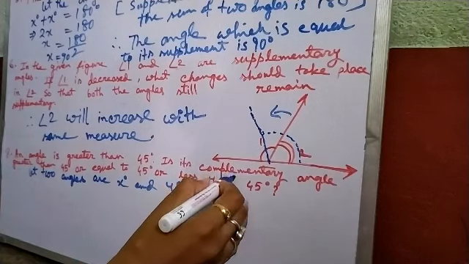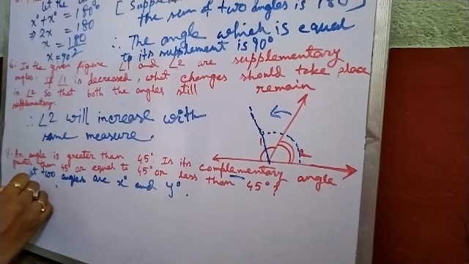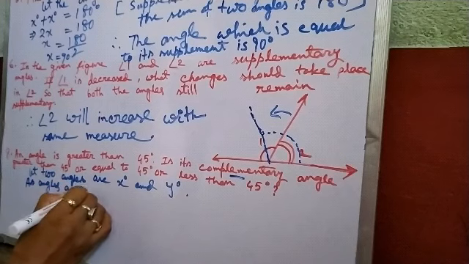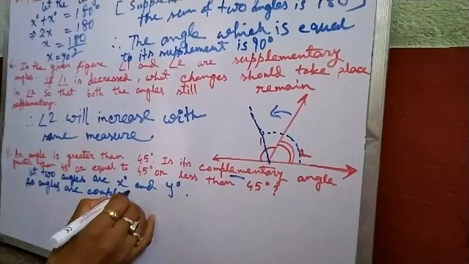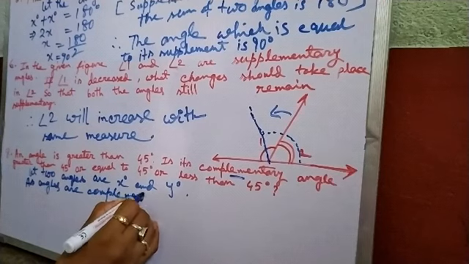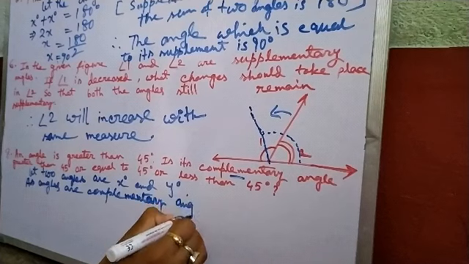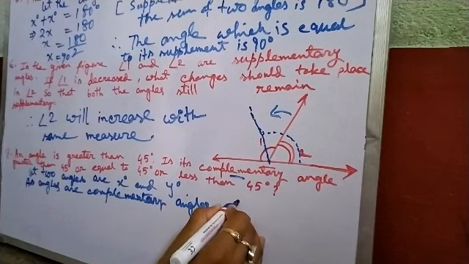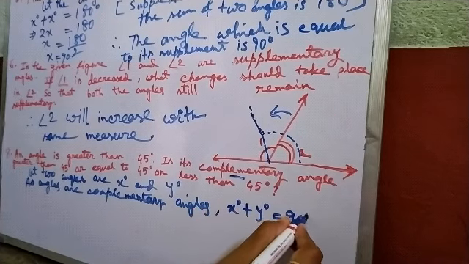Now here what is given? Complementary angle. That means as the angles are complementary, x degrees plus y degrees equals 90 degrees.